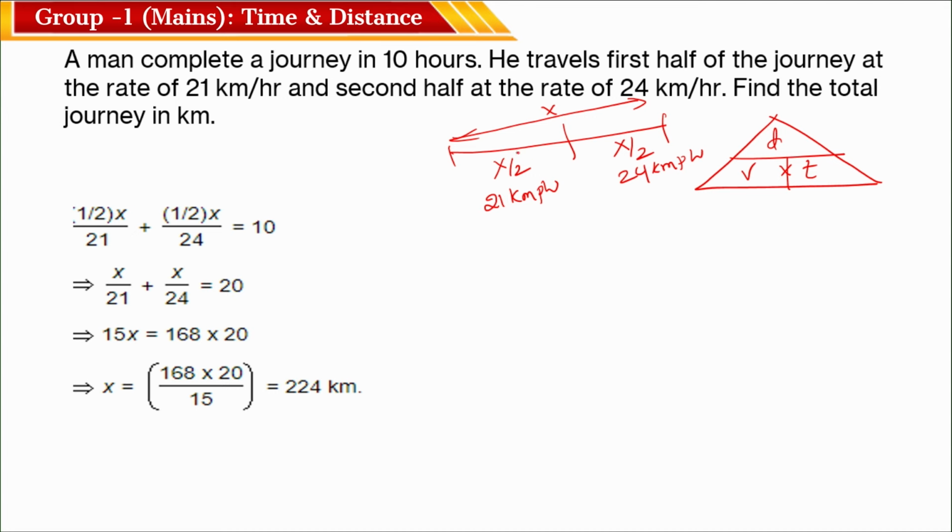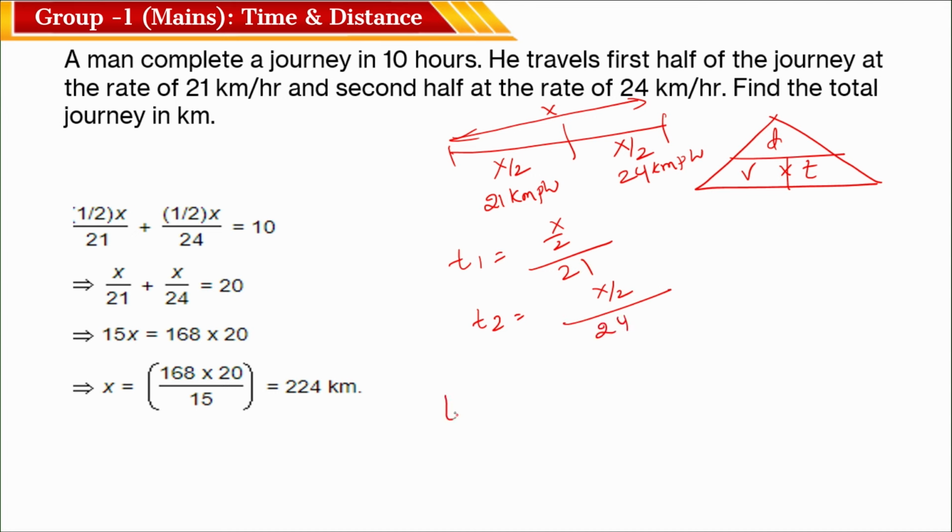Say the time is t1. t1 is equal to distance x by 2 divided by speed 21 kilometers per hour. Now consider t2: distance x by 2 and speed 24 kilometers per hour.